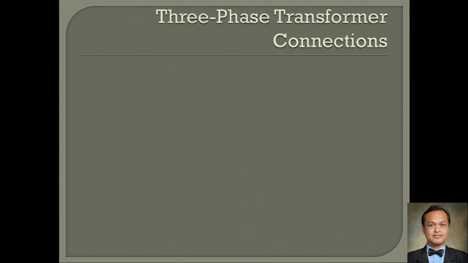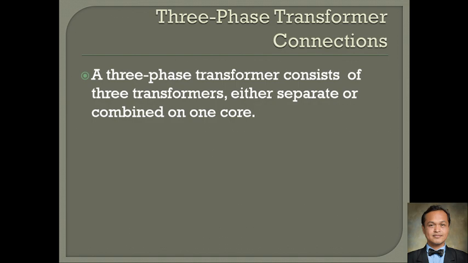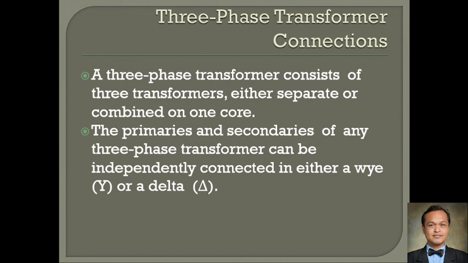Now, there are different types of connections that can be made in a three-phase connection, either separate or combined on one core, whether you have a three-phase transformer bank or a single three-phase transformer. The primary and secondary of any three-phase transformer can be independently connected in either a Y or a delta.